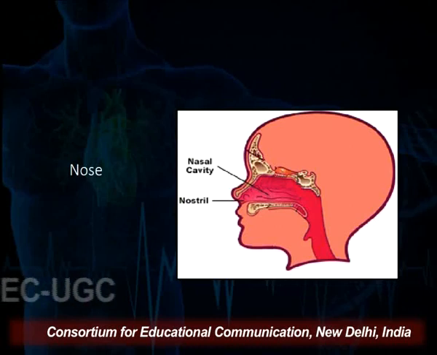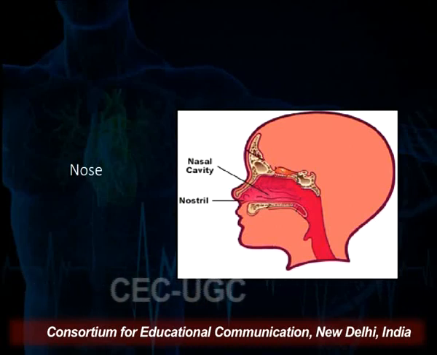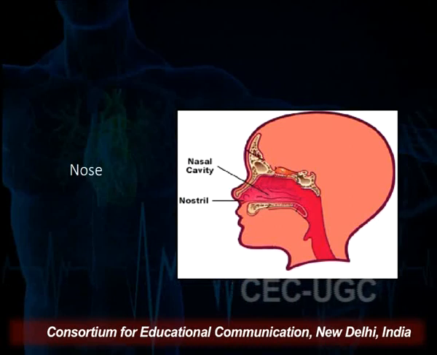This is the structure that separates the right nostril from the left nostril. Tiny hair follicles that cover the interior lining of the nostrils act as the body's first line of defense against foreign pathogens. Furthermore, they add humidity to inhaled air.